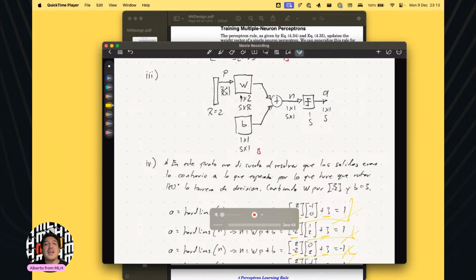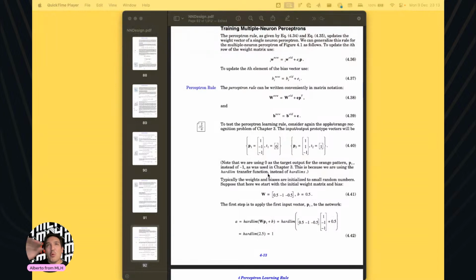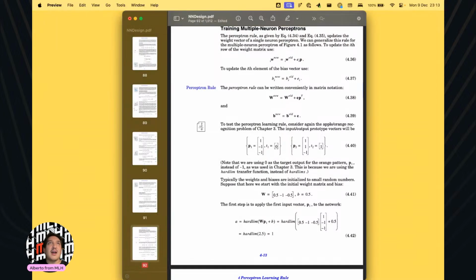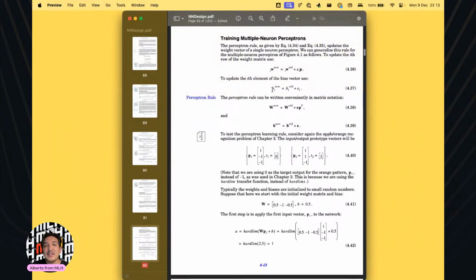What I want to say that is different is that we are going to do row by row of these matrices, sorry, vector of the weights. So that's why this is working.